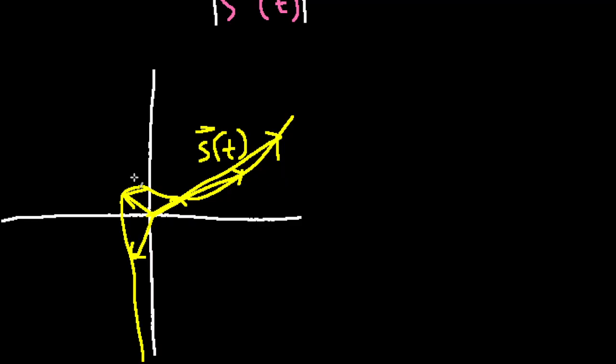So let's say that you're at this point and this is the circle that hugs the curve the closest at that point. So what we want to do is pick another color again that I haven't used. So here is the tangent vector at that point on the curve. So let's call that T1.